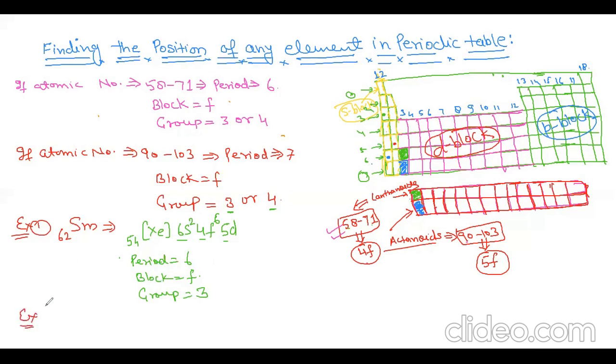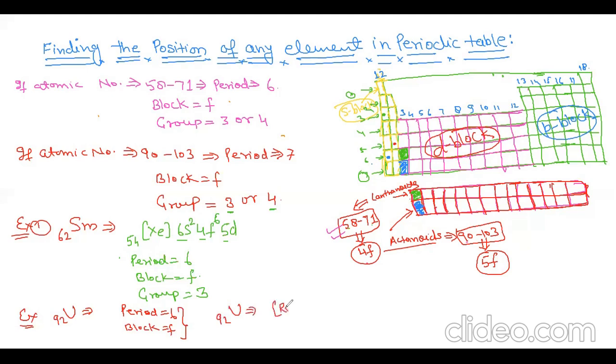Just one more example I am taking, atomic number 92, uranium. Again, this belongs to the actinides, 92 to 103. So directly you can write period 7, block f. After that you write its electronic configuration for 92.